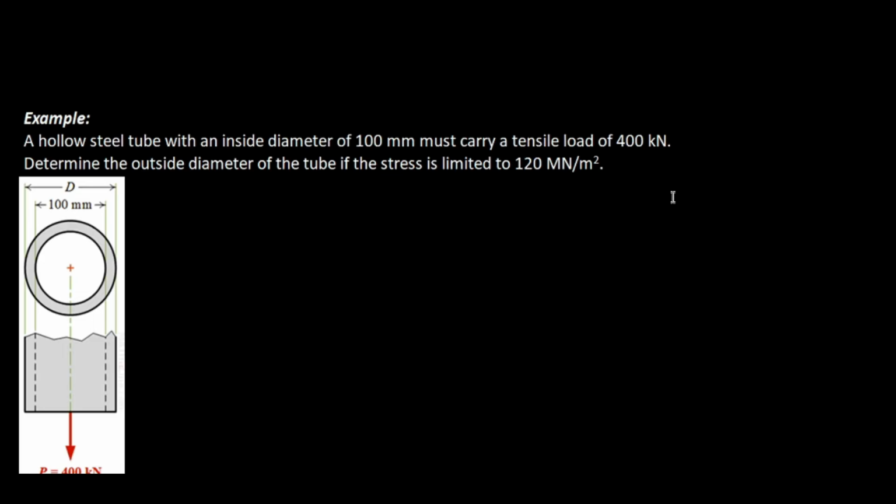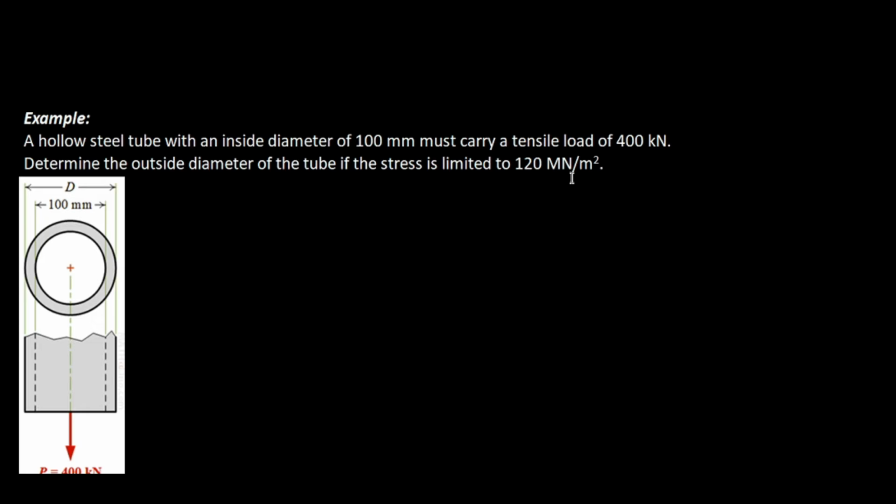So we have a hollow steel tube and the inside diameter is equivalent to 100 millimeter. And we're going to determine the outside diameter of the steel tube with a stress which is limited to 120 meganewton per meter square.